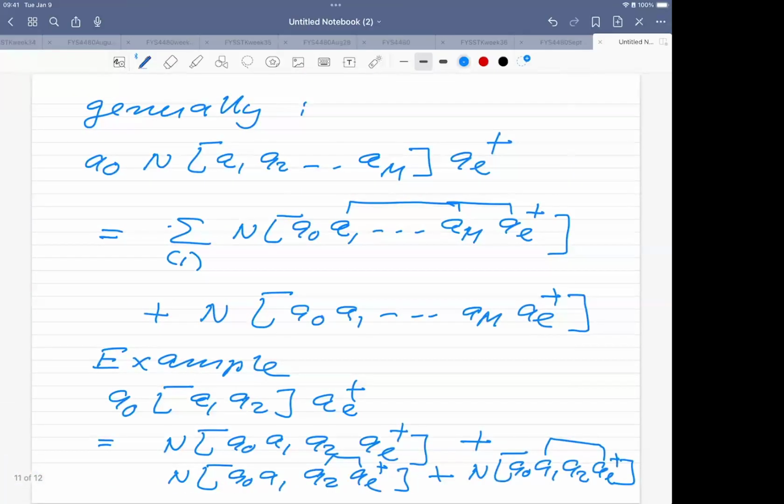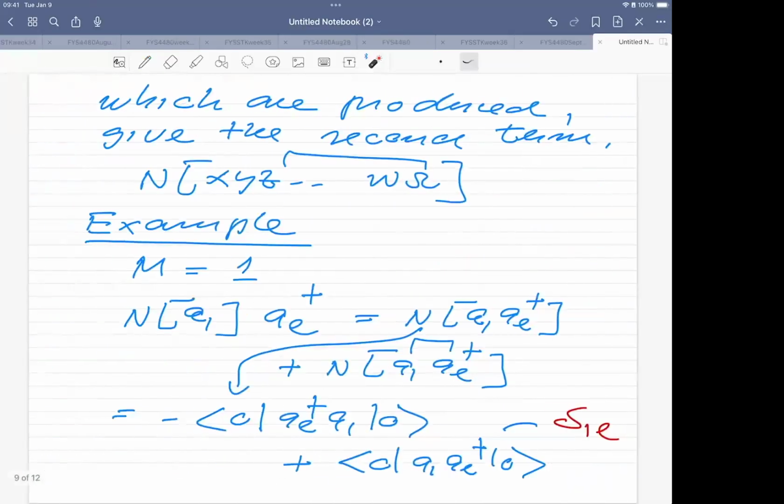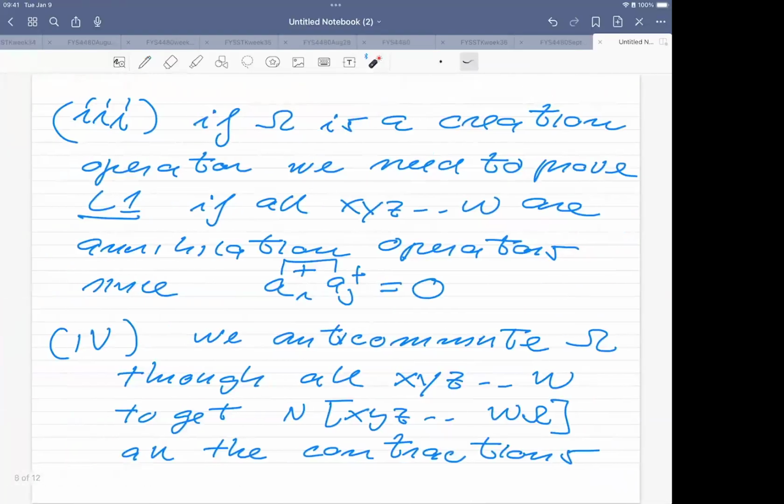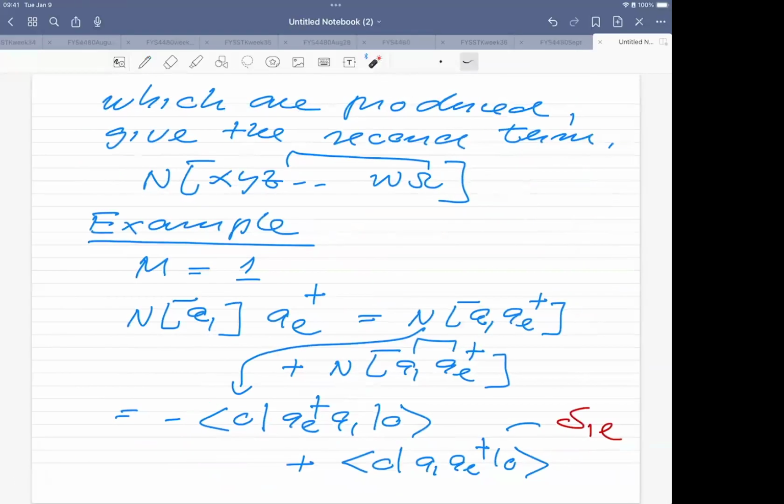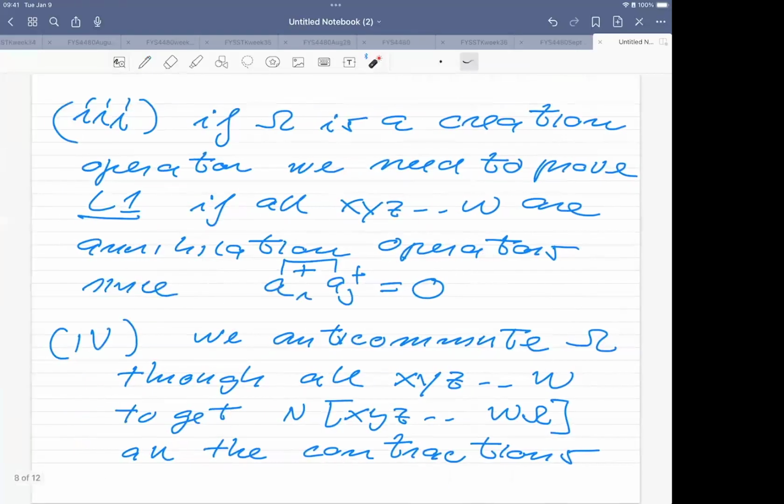So this kind of simple manipulations actually prove the lemma that if I have a series of annihilation operators in a normal order chain, and I add a creation operator, this is going to give rise to the lemma, which we have here. So where did I have the lemma here?